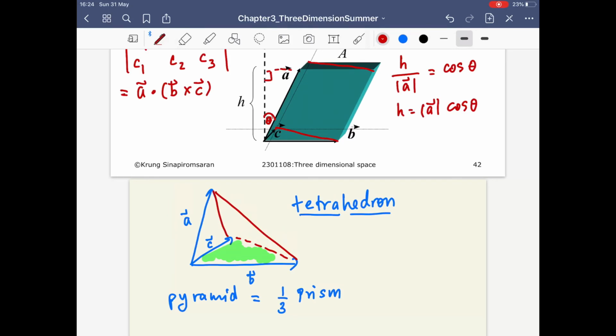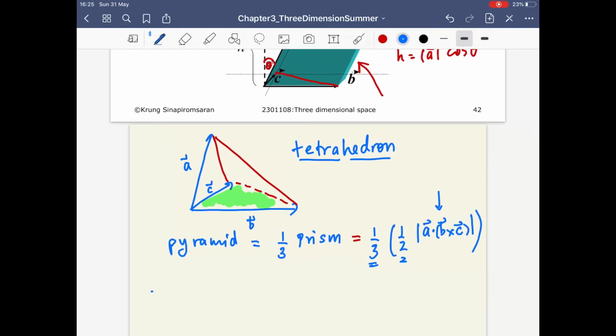It looks like half of your parallelepiped, right? So your prism is half of a parallelepiped, so it is half of A dot B cross C, and then 1/3 of that gives a pyramid.